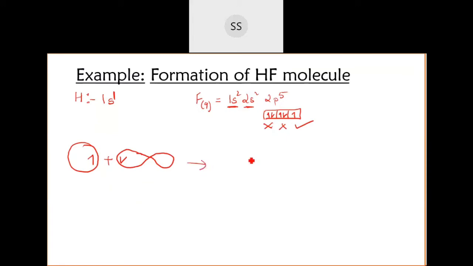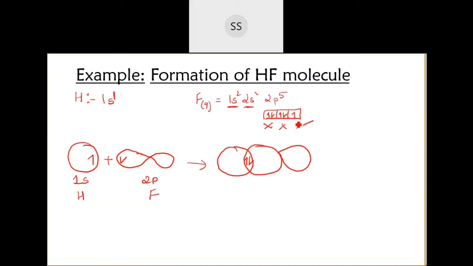There is fusion of these two orbitals happening, and then the electrons will get paired. Here we have the hydrogen atom, and this is the fluorine atom. Hydrogen has one s electron, and this is the 2p orbital. X and Y are filled, only the Z one has an unpaired electron.